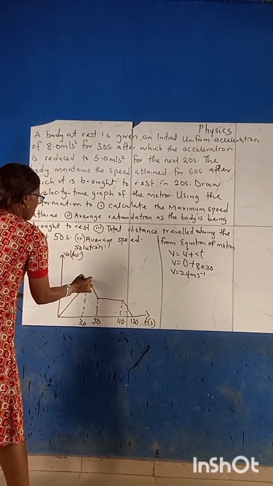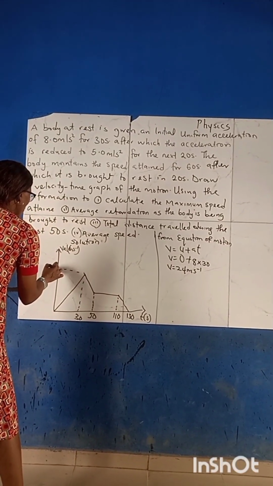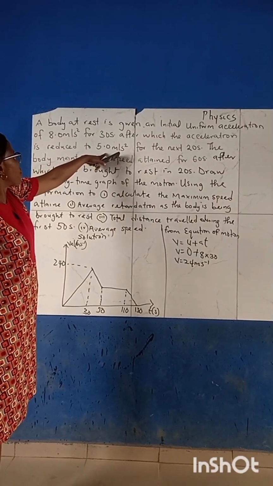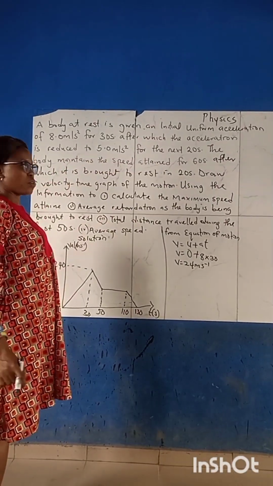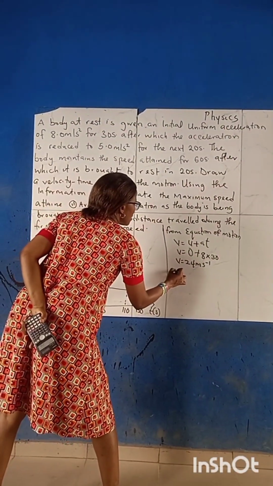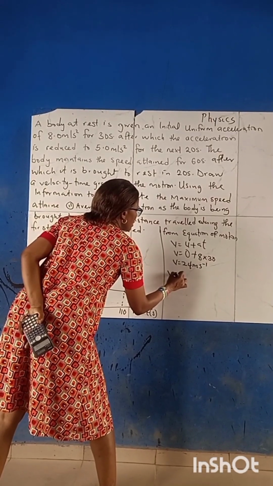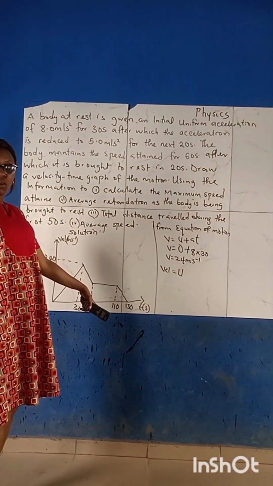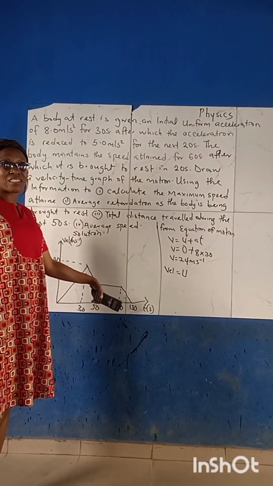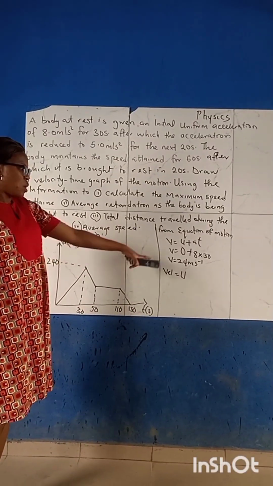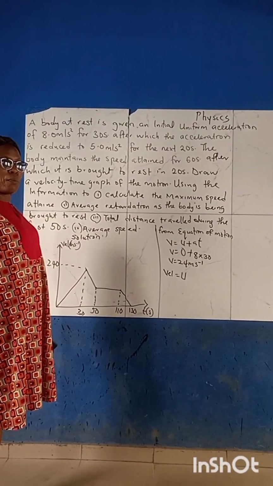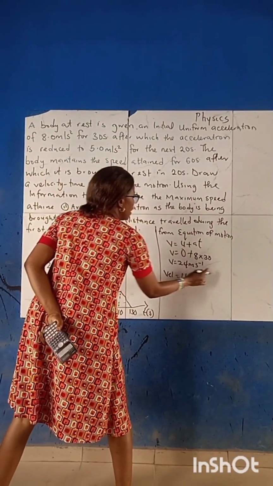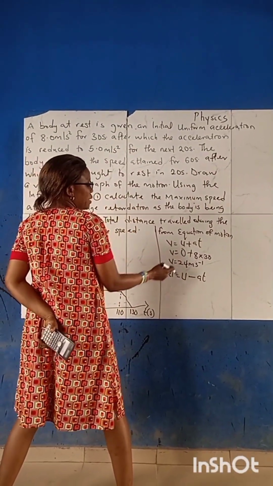So this is 240. And the second acceleration is 5 for 20 seconds. For the second velocity, using the same formula, but mind you, the body is coming down, so it's a negative acceleration, it's decelerating. So I'm going to have a minus there: V equals U minus AT. Now 240 becomes my initial velocity.